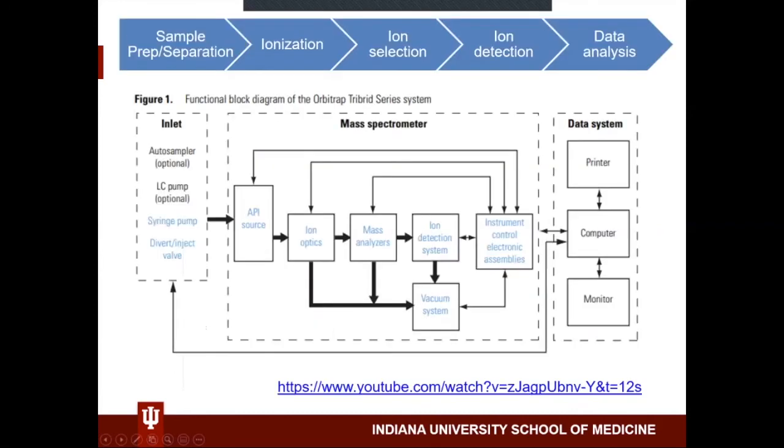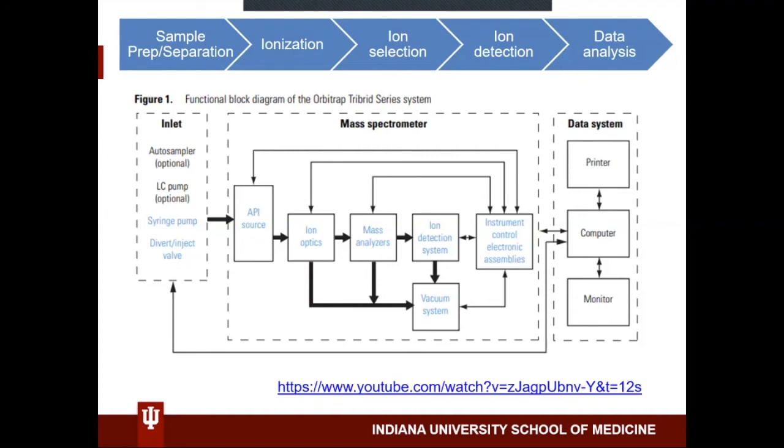Moving on is a schematic of an example mass spectrometer and some workflow information, where you have some sort of sample preparation or separation, ionization, ion selection, ion detection, and then data analysis.